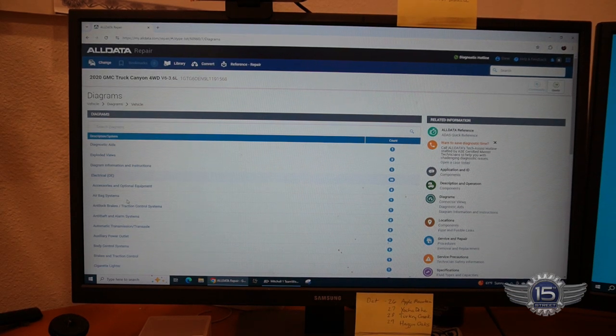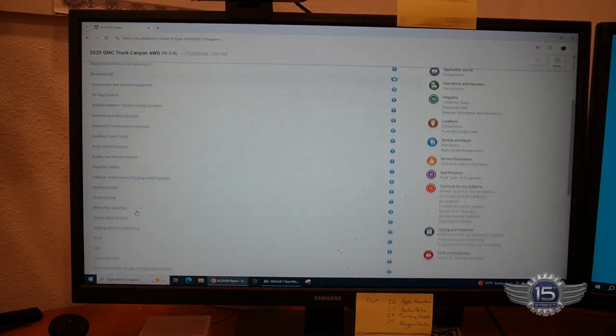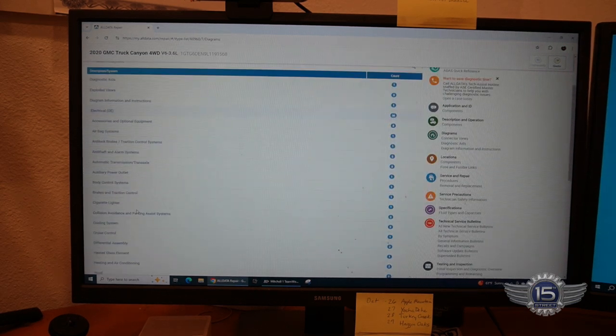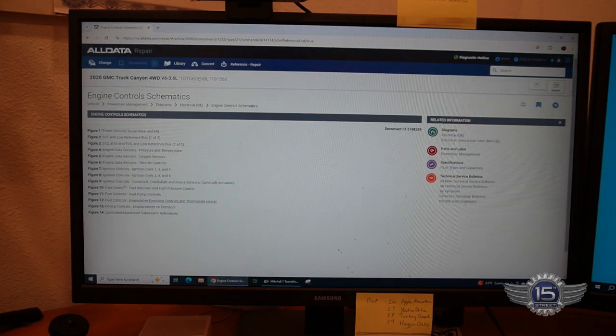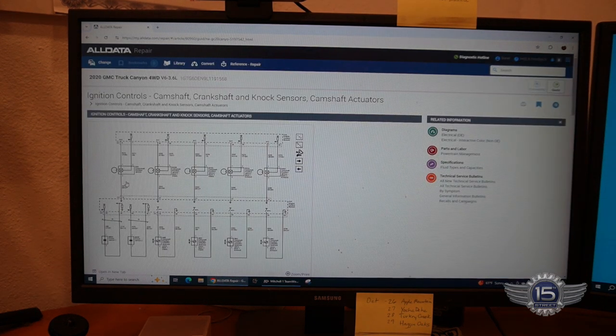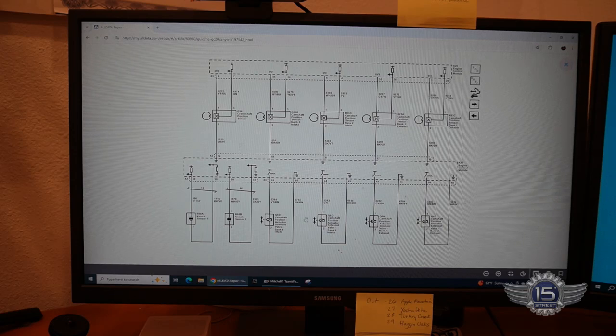All right, so we need to find a schematic for our cam and crank sensors. Powertrain management. There we go. Okay, so on this particular engine, the camshaft on bank 2 that we're concerned with is covered by the intake, so I don't have access to the camshaft sensors at the sensors.